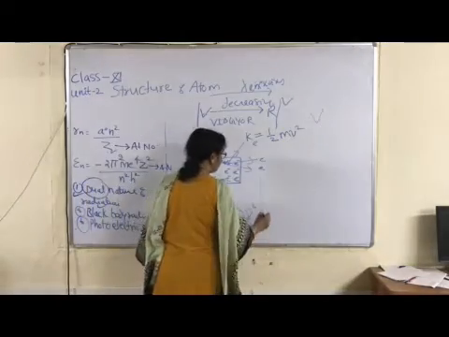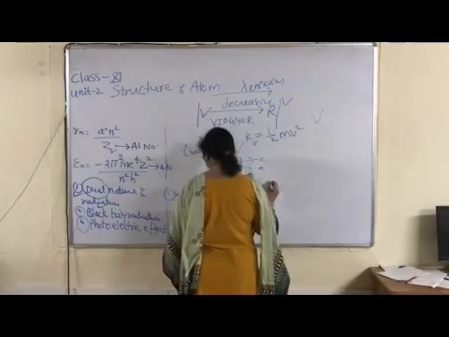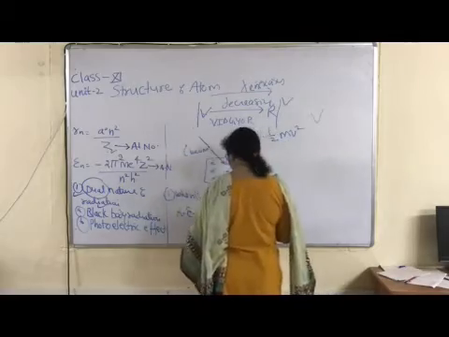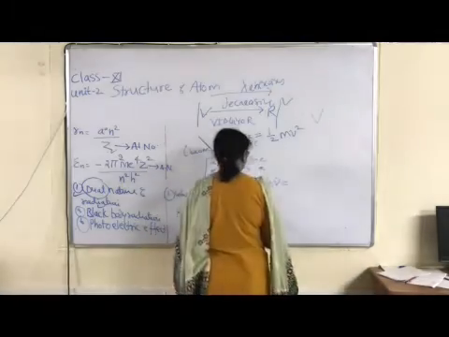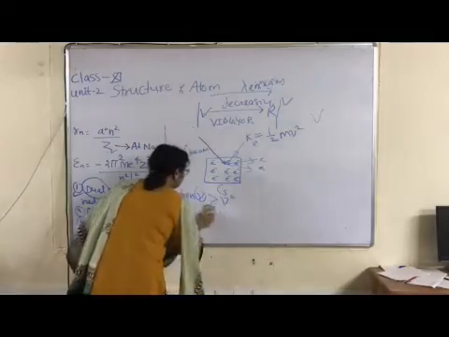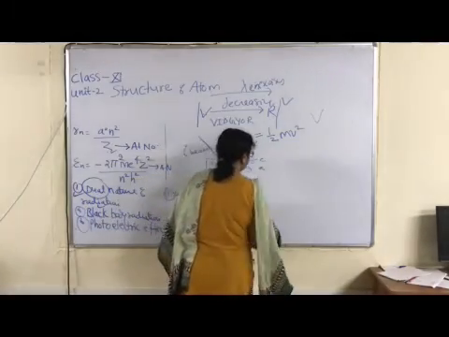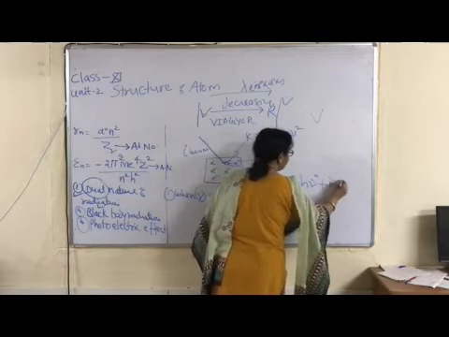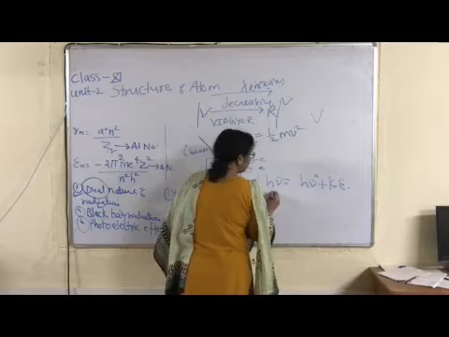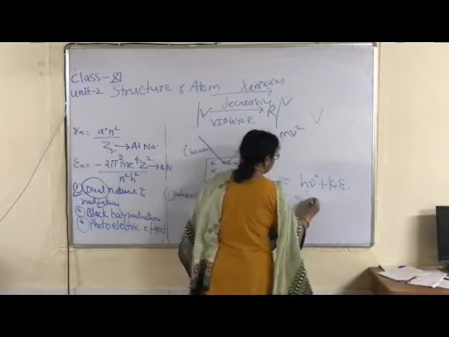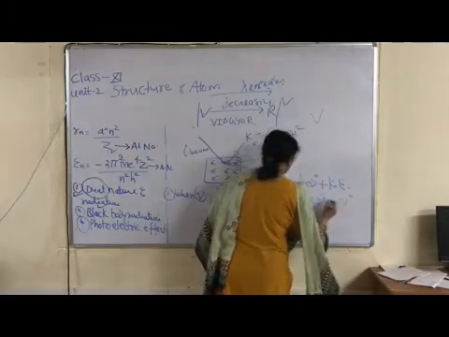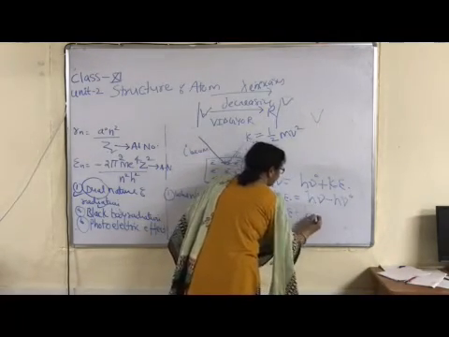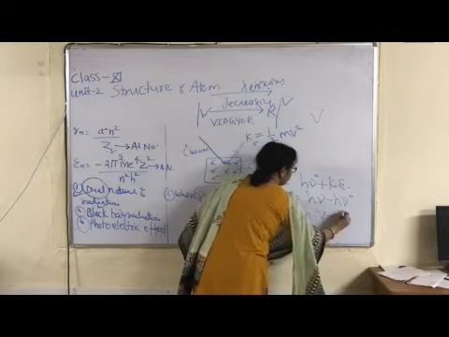Or h nu is equal to h nu naught plus kinetic energy, or kinetic energy is equal to h nu minus h nu naught, or kinetic energy is equal to h, a constant which is common, times nu minus nu naught.